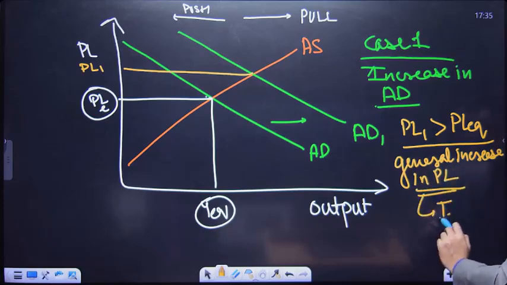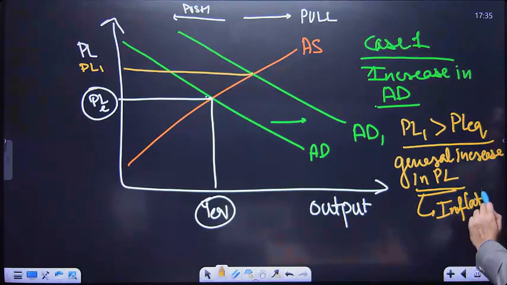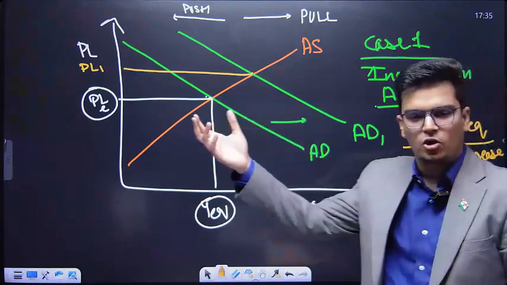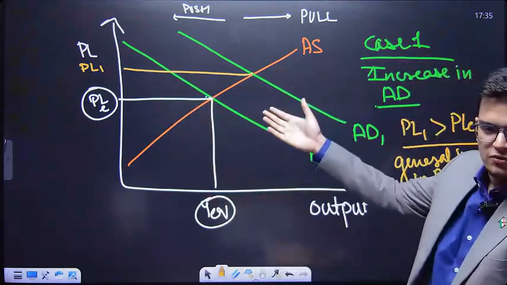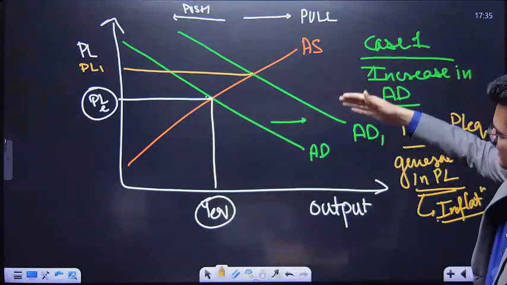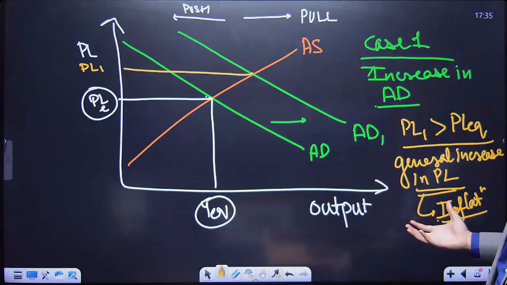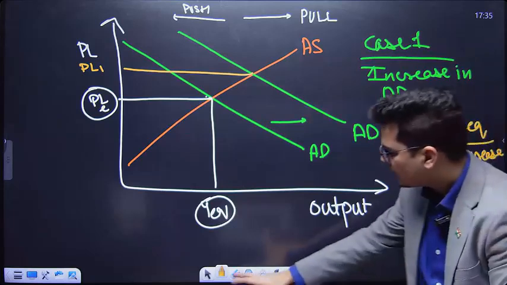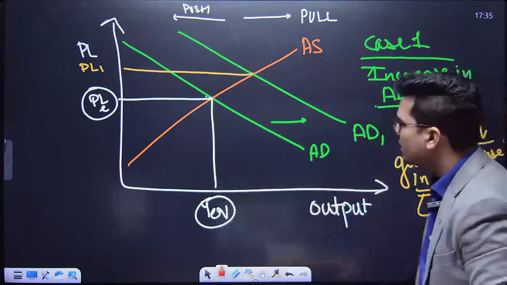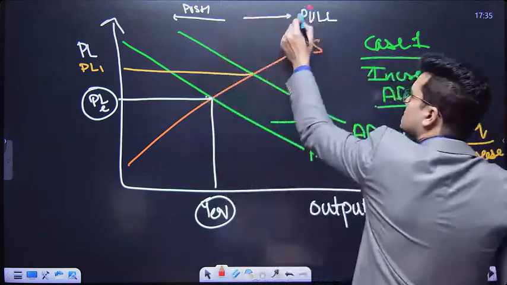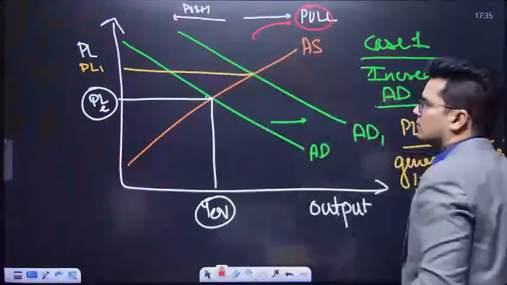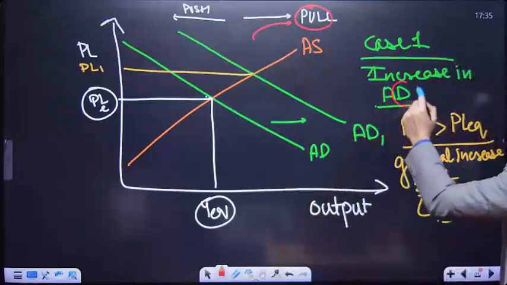Therefore there is inflation. ये एवरेज प्राइस लेवल है, ये किसी एक गुड का तो नहीं है. हमने मैक्रो इकोनॉमिक इक्विलिब्रियम बना के देखा है. We have read this before. Now I can say that in this case there is a general increase in the price level in the economy, right? Up, general increase in price level happening towards this side because of demand.